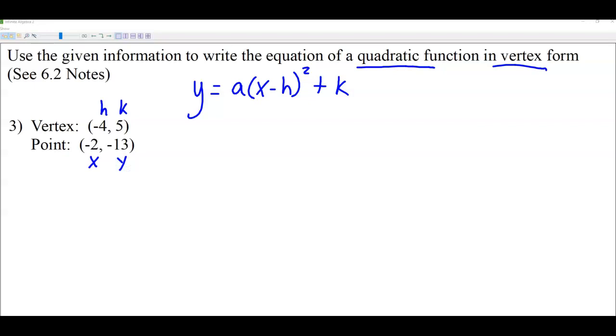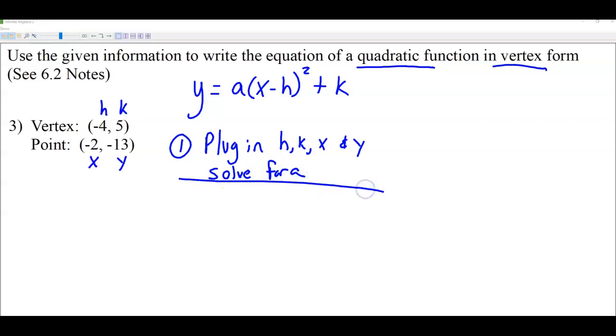And once again, we're going to start by plugging in all 4 values. So we're going to plug in h, k, x, and y. And after we do that, we're going to solve for a. So my y value is negative 13.